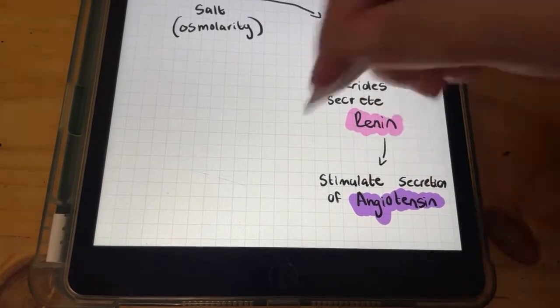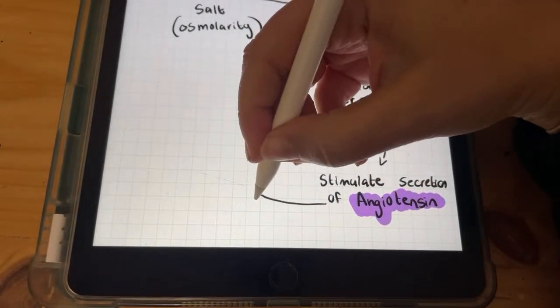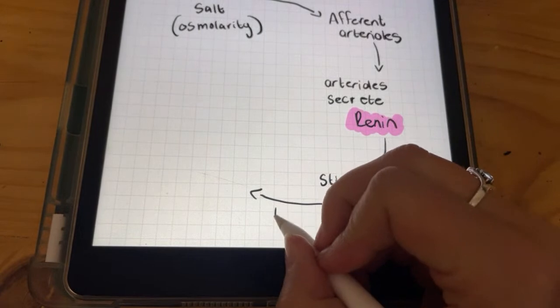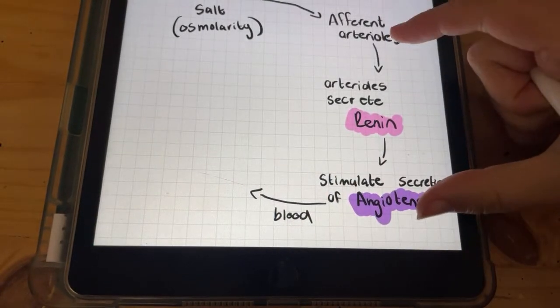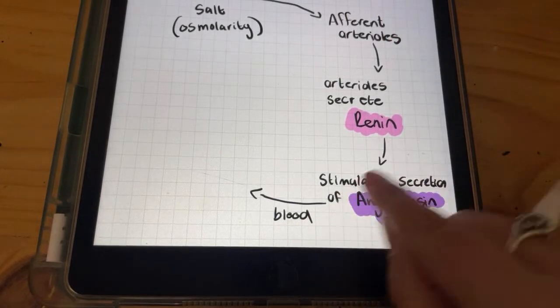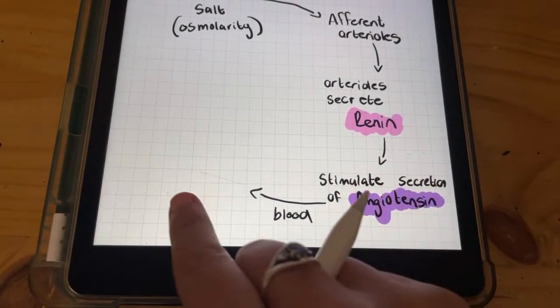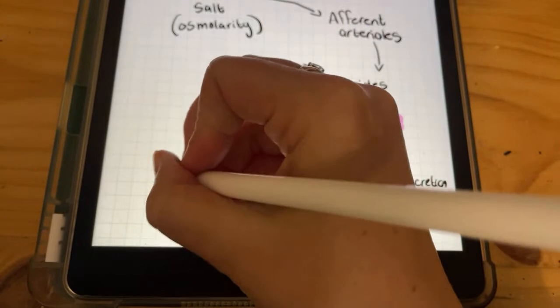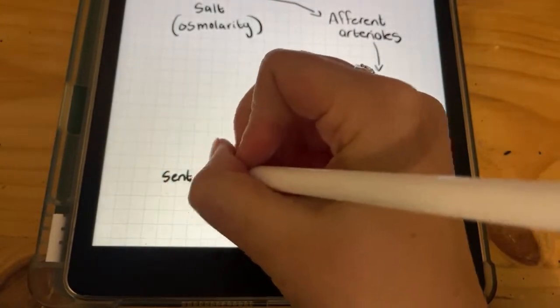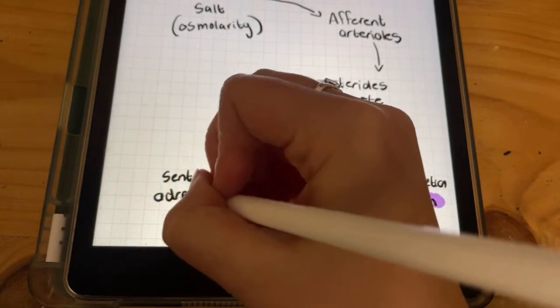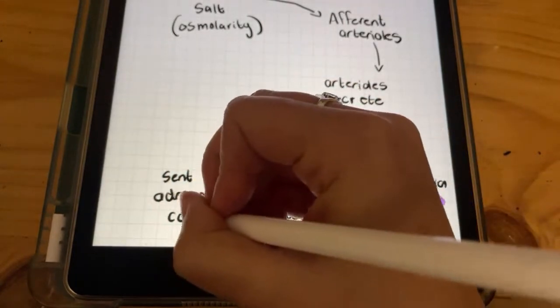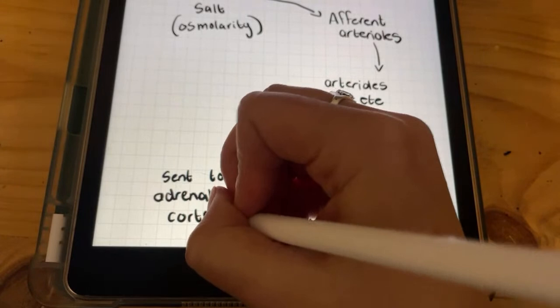Angiotensin is sent in the bloodstream. So this is now in the blood. Remember, this is all happening in the kidney. This angiotensin is then sent in the blood to the adrenal cortex.